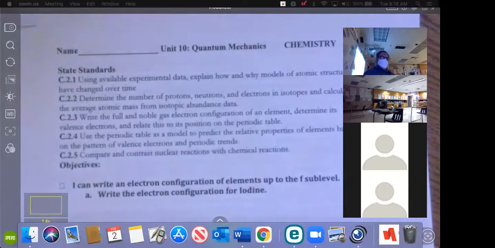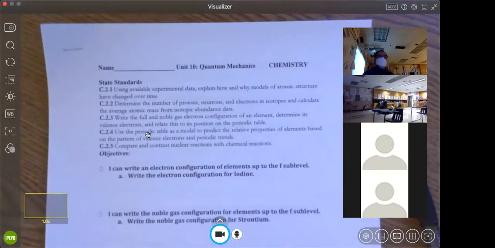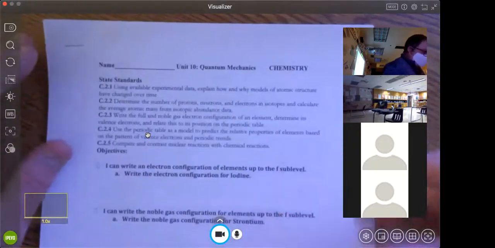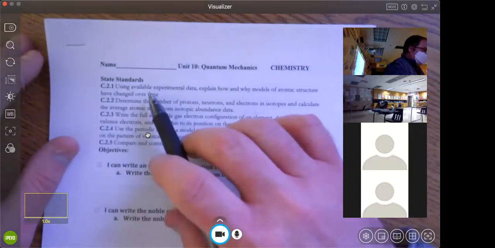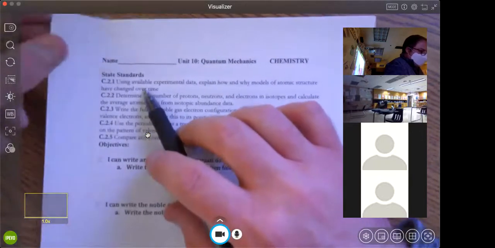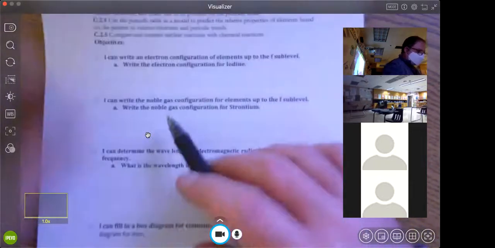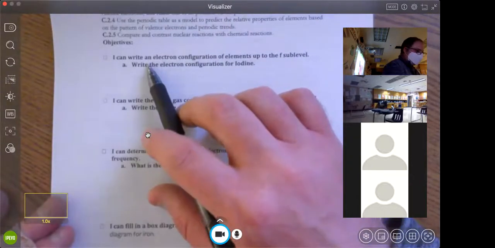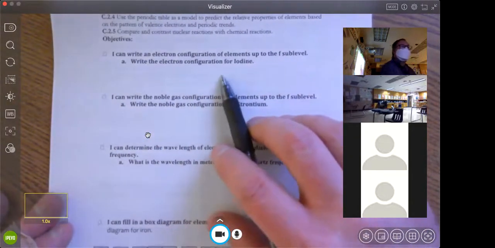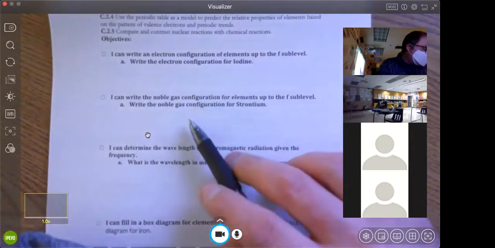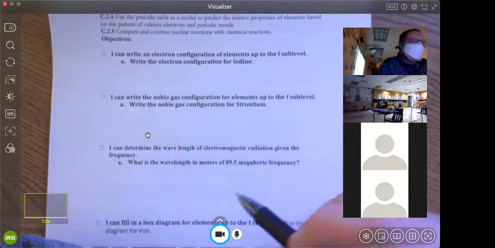Hopefully you've printed out this quantum mechanics sheet, or you've downloaded it at least. Here are the state standards and the standard-based objectives. We want to write something called the electron configuration. We want to be able to write something called the noble gas configuration.